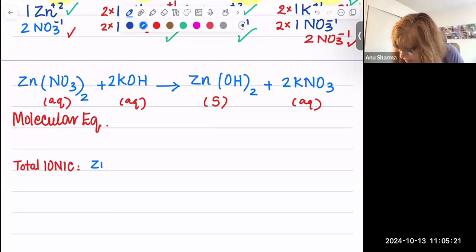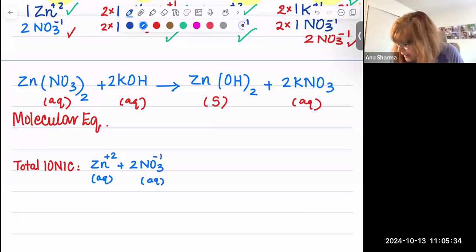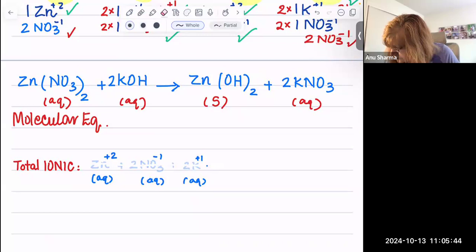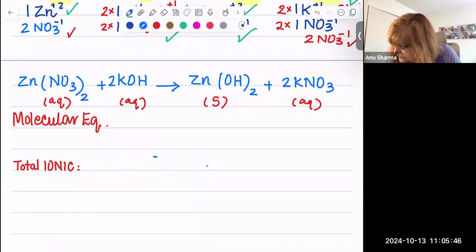You have zinc plus 2 charge, aqueous, plus there are 2, just like you balance it, it's the same thing. You're just basically copying it. That's all. Plus 2 potassium ions, okay, aqueous, plus, let me put this all in the separate line.